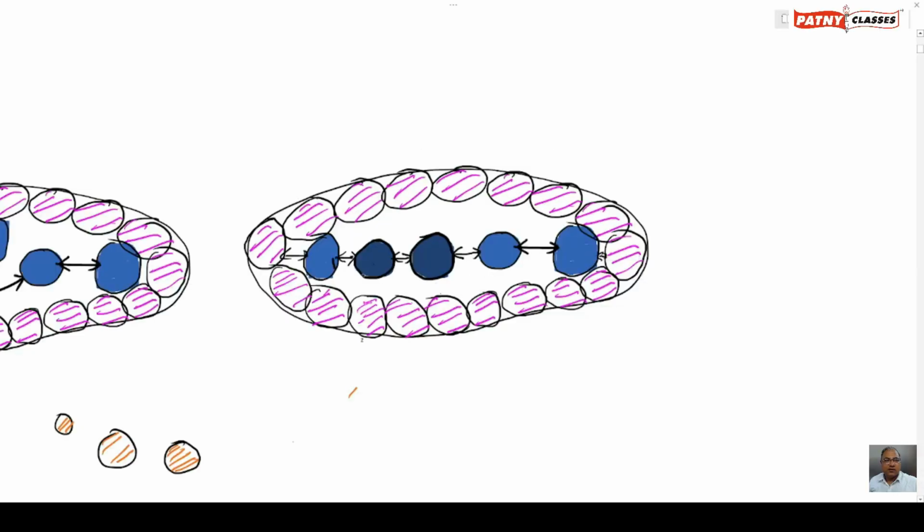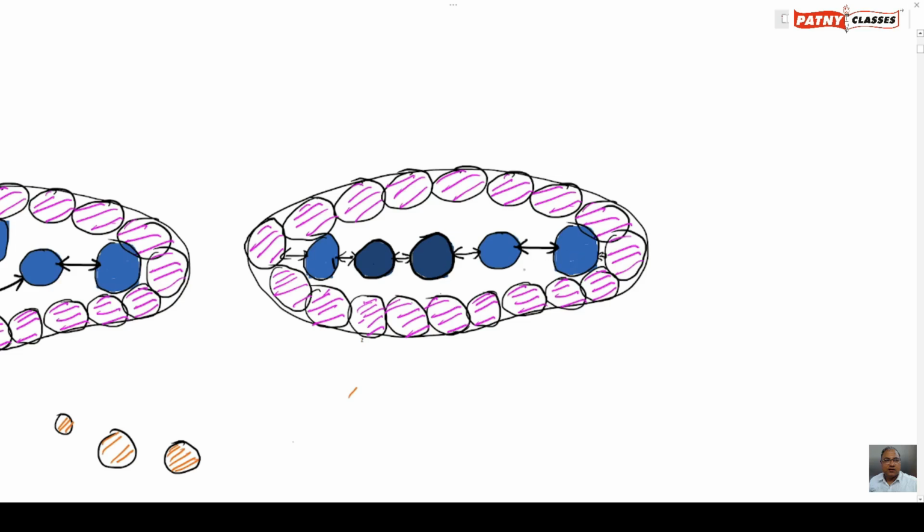For simplicity, I have drawn here molecules in a straight line. So these molecules are trying to come closer to each other. Why are they trying to come closer to each other? Because there were some other molecules present and those molecules have already gone into the liquid. So a gap is produced.